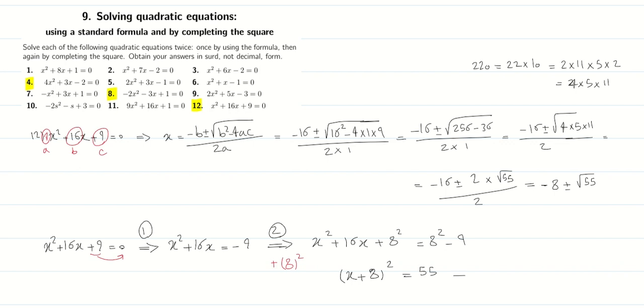Now if I just take a square root of both sides of the equation in here, that would leave me with x plus 8 is equal to square root of 55, and don't forget the plus and negative sign in here. So that means my x is equal to negative 8 plus minus the square root of 55, and that would be the same solution as the previous one.